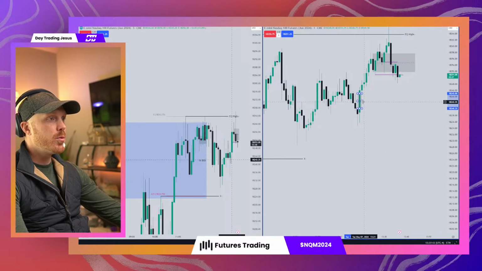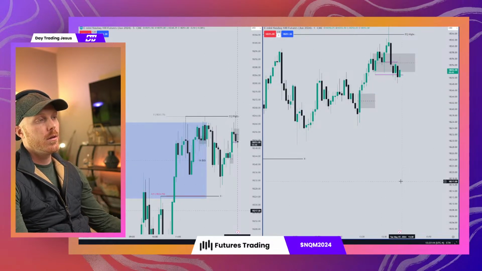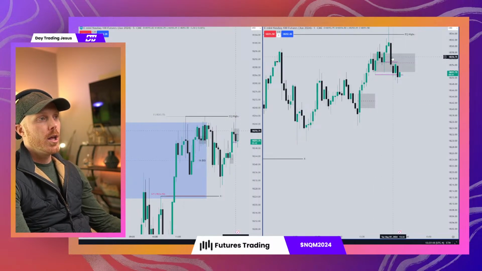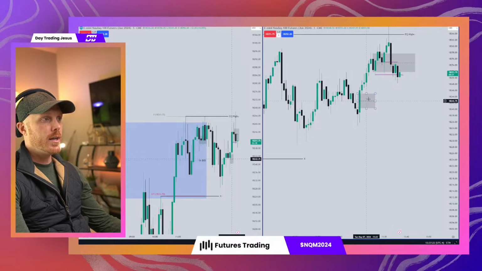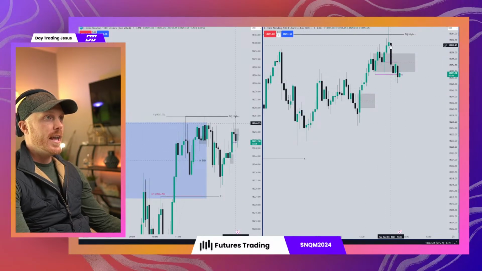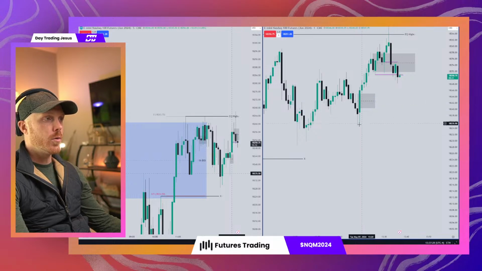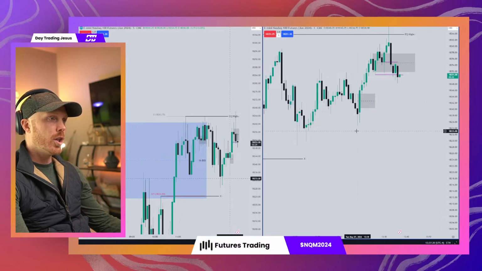But that's only if price wants to move higher. It could stop here and then run higher because we grabbed external liquidity and now we're grabbing internal liquidity. If price wants to reverse, it's going to blow right through this internal liquidity and run lower.